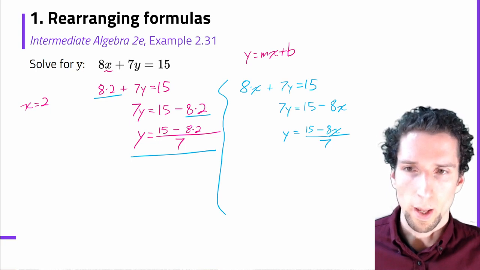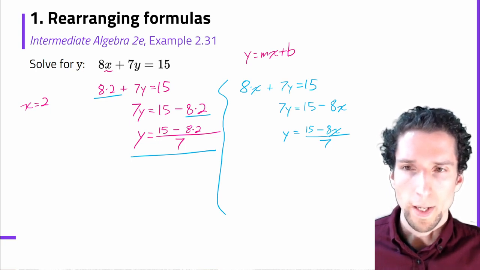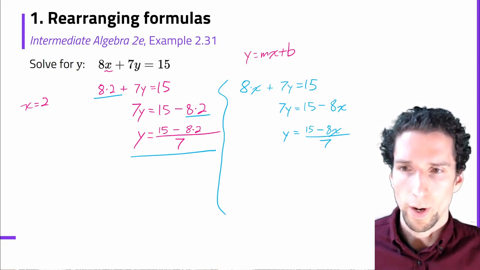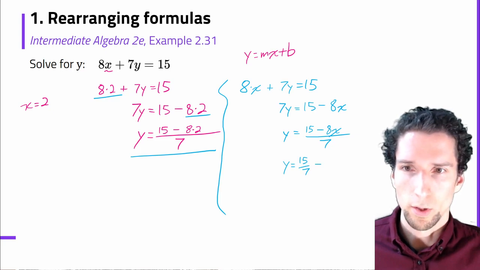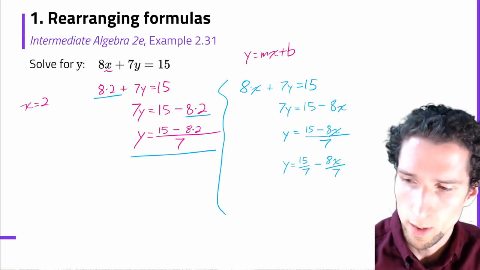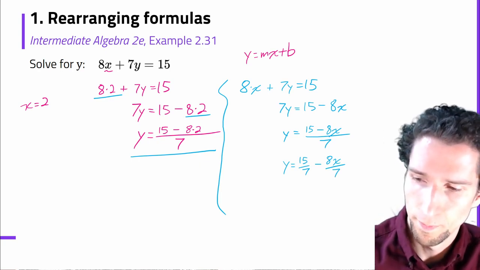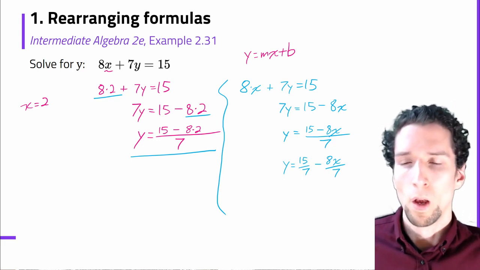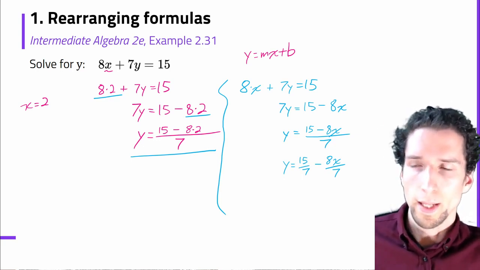First, we'll split up the right side here into 2 parts, 2 fractions. So y equals 15 over 7 minus 8x over 7. I'm not sure if you heard that, but that was my phone beeping. Got to mute it before I started. There we go. Okay, so that's that.